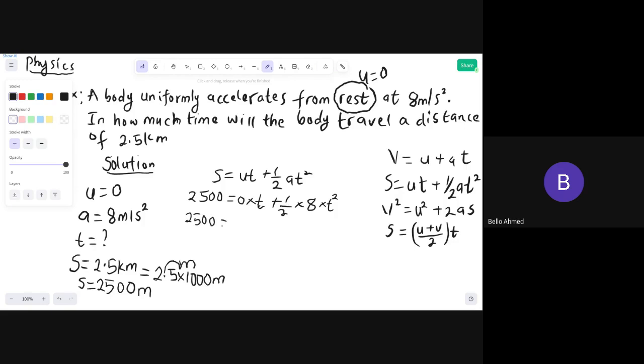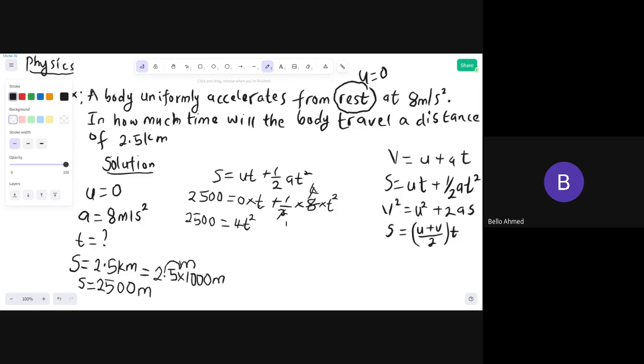It's equal to, then this actually becomes 0. 0 times t becomes 0. And at this side, half of 8 is 4. So it's going to be 4t squared.